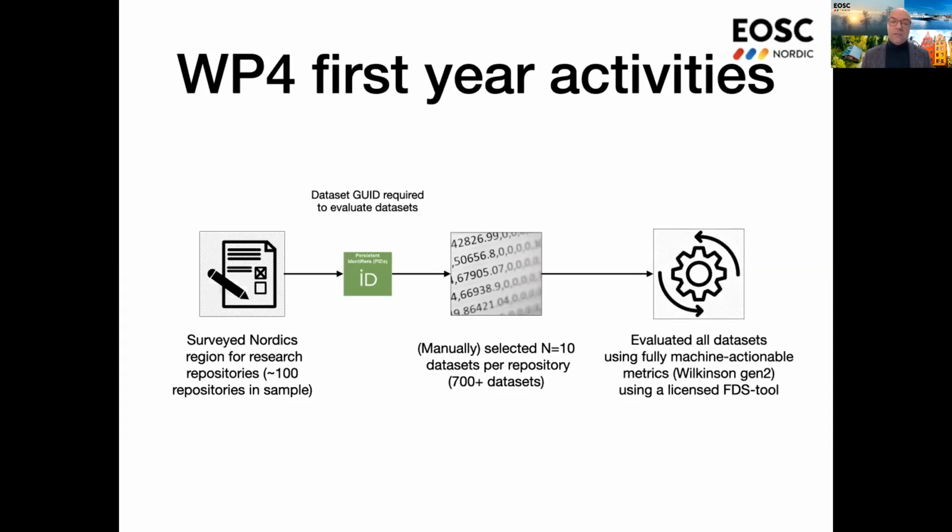which uses exclusively machine actionable metadata. This aspect of machine actionability is a very important principle or pillar of the FAIR principles. So the data should be understandable by machines and humans.